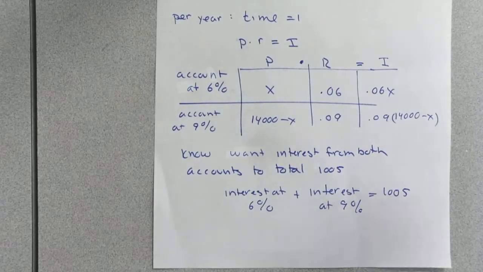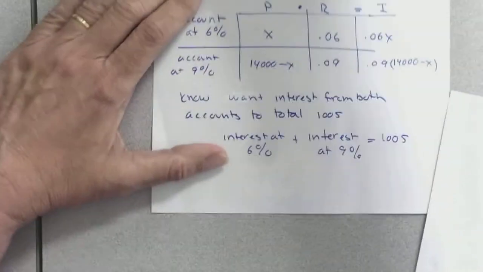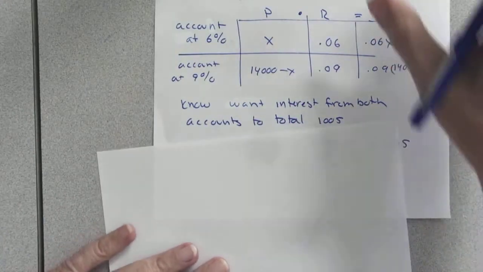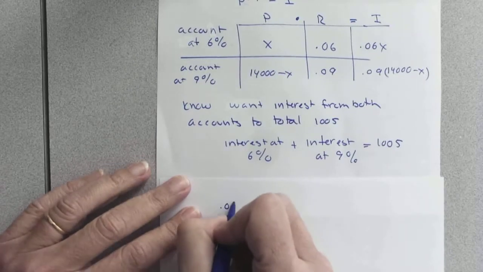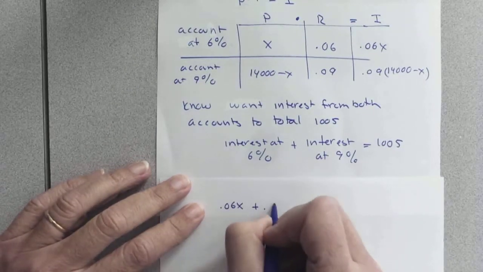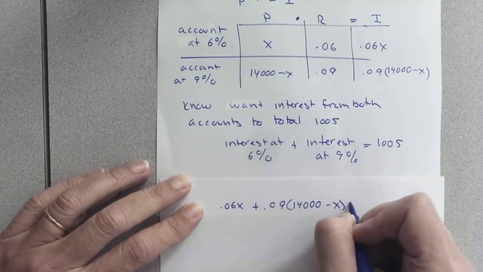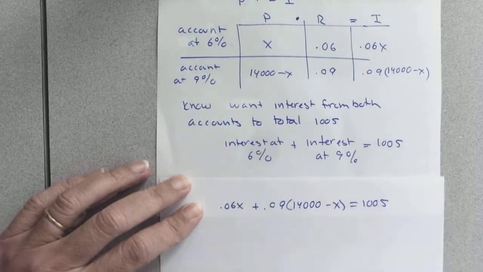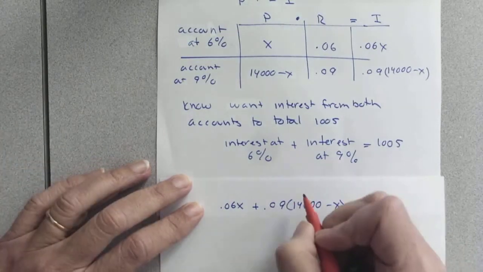Or going on to a new piece of paper. Maybe let's go out just a little bit. We get 0.06x plus 0.09 times 14,000 minus X equals 1,500. And we just solve that equation.